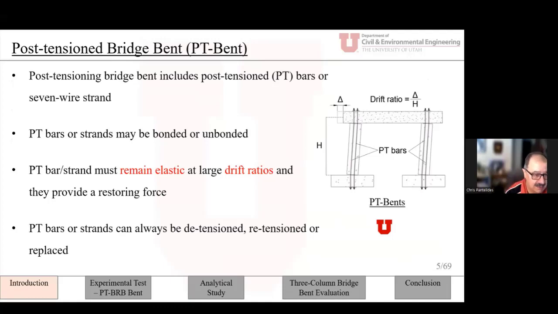So a post-tension bridge bent includes post-tensioning bars or 7-wire strands, like you see here, the 2 lines that follow from the bottom of the footing to the top of the cap beam. These are the post-tensioning bars. These bars may be bonded or unbonded.